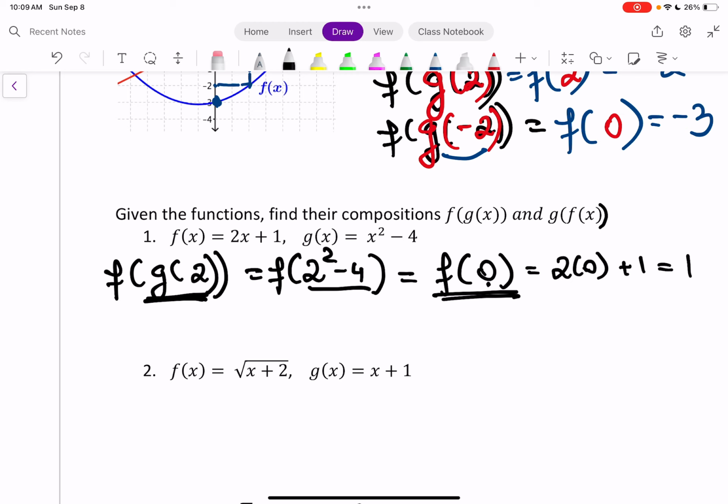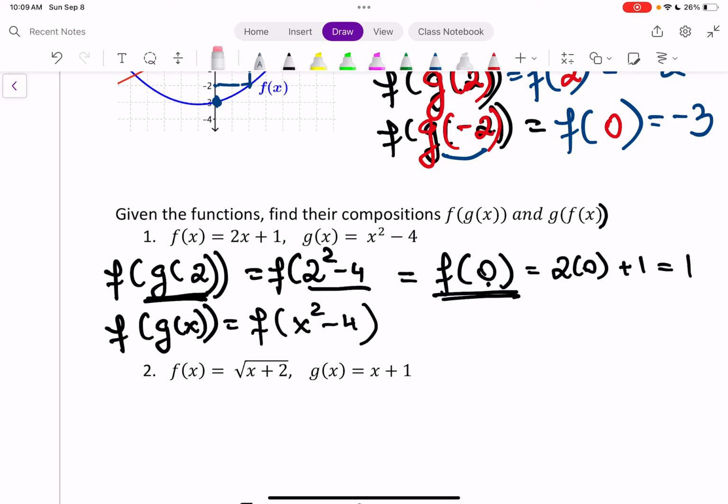Now, if I want to plug in the whole function in general, here it is. I'm not substituting anything in this function g. It's just x squared minus 4. G of x is just x squared minus 4. There's no value for me to plug in or change. So whatever x is, square it, and then minus 4.